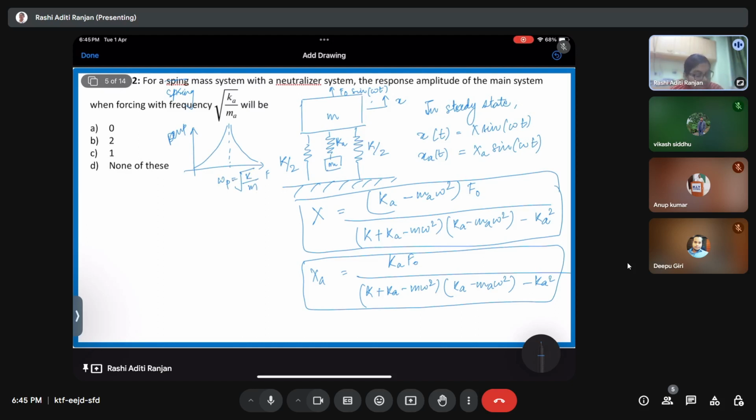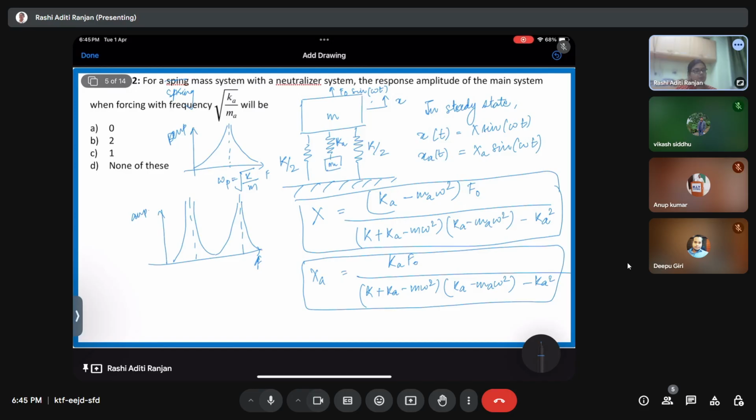Now, since the neutralizer has come, what is going to happen? I'm going to have two peaks, something like this, right? Now I have to reduce, right?